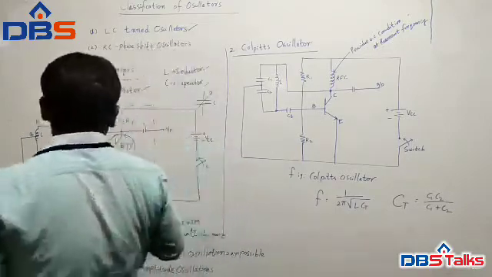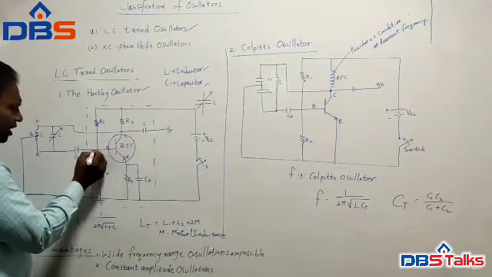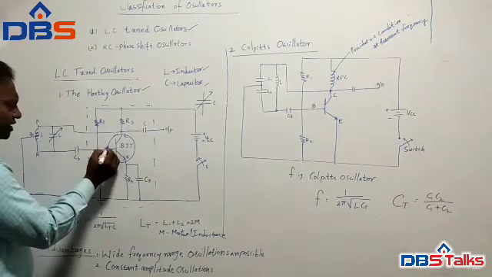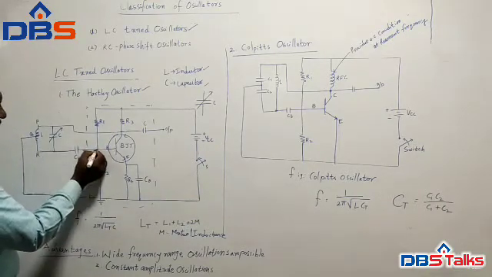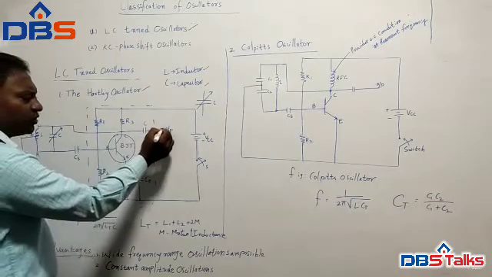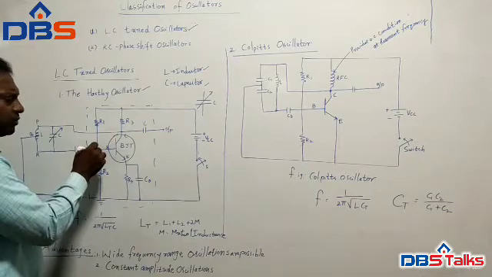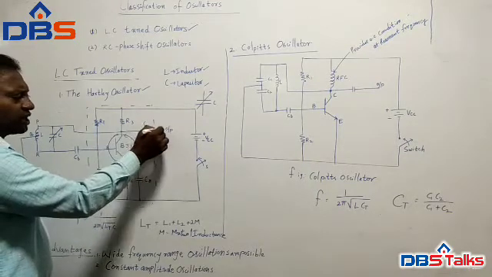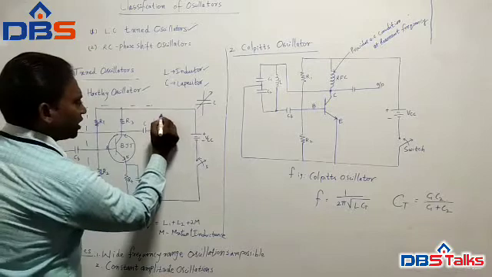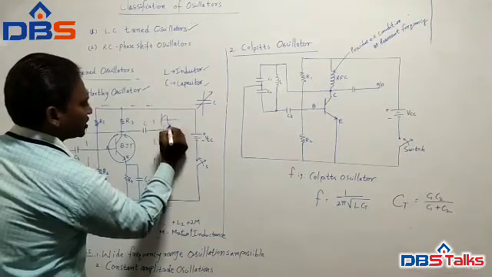Now see, we are applying the input at the base, and we are taking the output across the collector. Here you will get the sinusoidal oscillations like this.